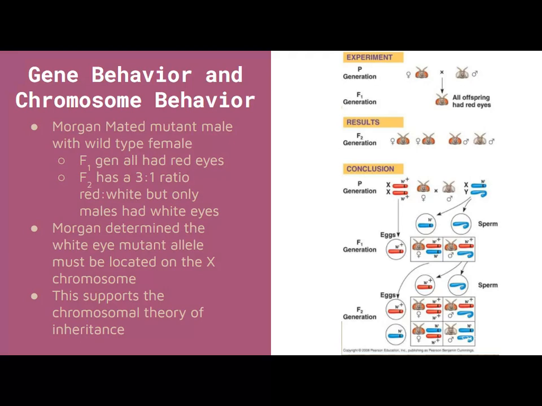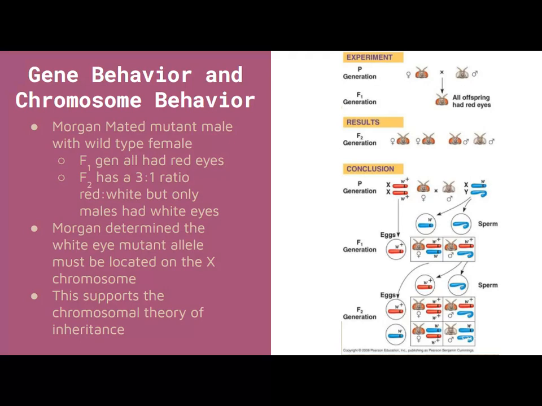So in our F2 generation, when he bred these all red-eyed flies together, that white eye trait popped back up again. And he noticed this 3-to-1 ratio, where we got 3 red eyes to 1 white eye, which is exactly the ratio of recessive inheritance. But the kicker here was that only the males had white eyes.